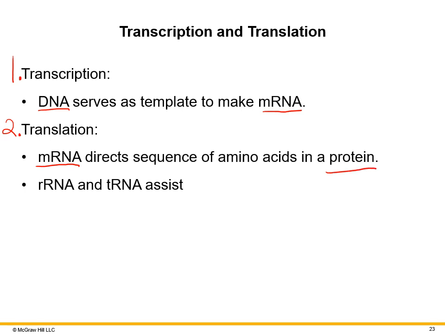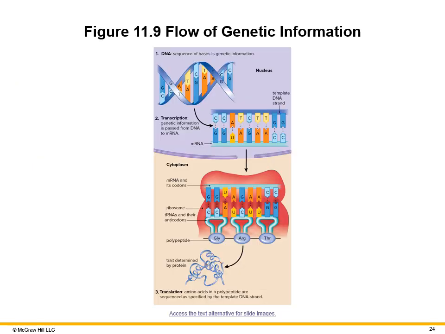The rRNA and the tRNA are going to assist in the process of building the protein. Here we see the flow of genetic information starting from DNA all the way to a protein.